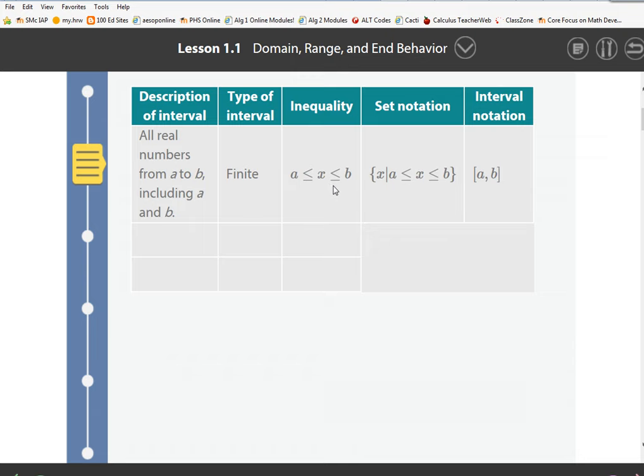Now, from last year, we talked a little bit about this. How would you read that inequality? Tyler. X is greater than or equal to A, but less than or equal to B.